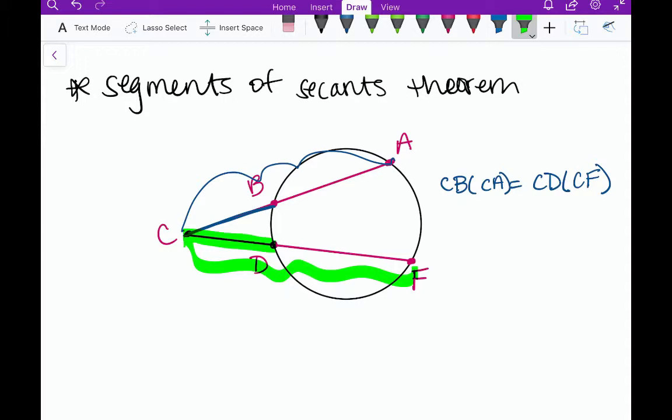So you've got products equal to each other, and those products again are the external segment times the entire secant segment. AC is a secant segment. So you know what I'm talking about when I say secant segment. Again, it's essentially a secant that stops at the circle, but in one direction it goes outside the circle.